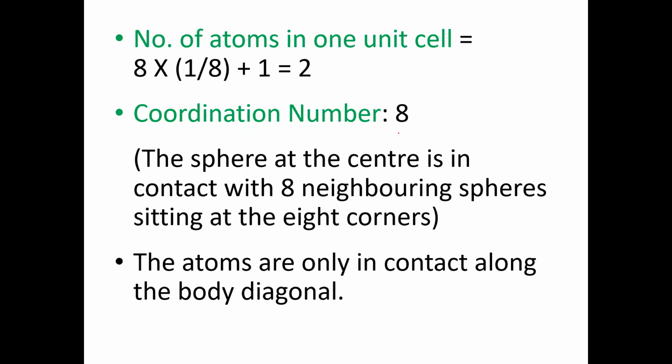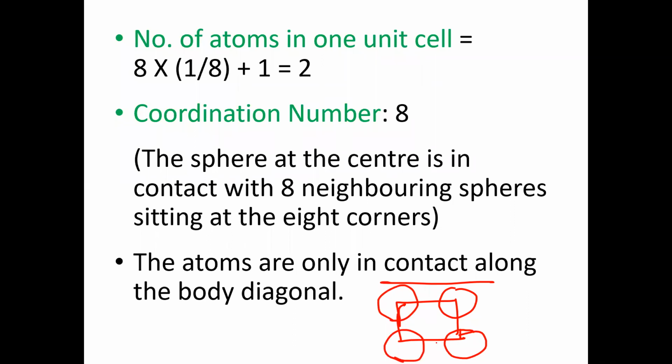So it was 6 in simple cubic, it is 8 in body centered cubic. The atoms are no longer in contact along edges. When you draw the face, you will find the atoms are not in contact. But I can't show an atom here because that is deeply buried at the center. I can show here only the face center.